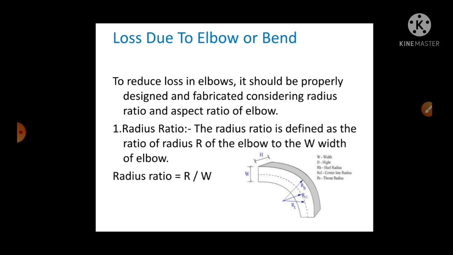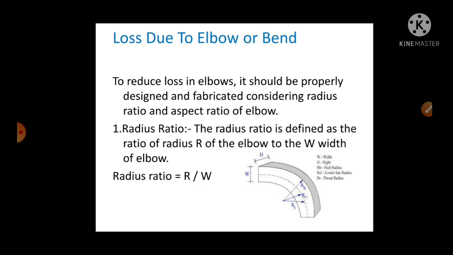Then loss due to elbows or bends. To reduce the loss in elbows, they should be properly designed and fabricated. In designing and fabricating elbows, radius ratio and aspect ratio are important. What is radius ratio?